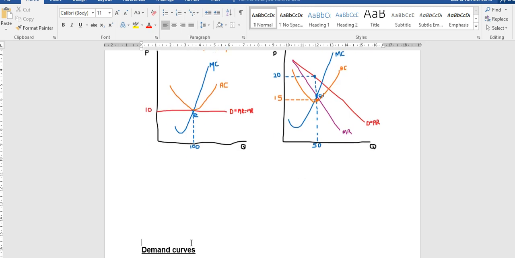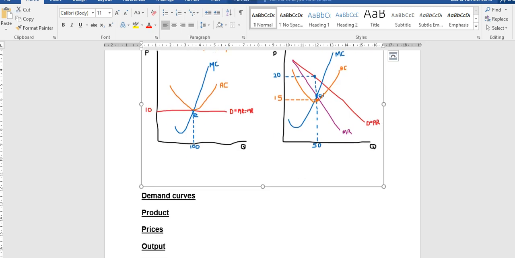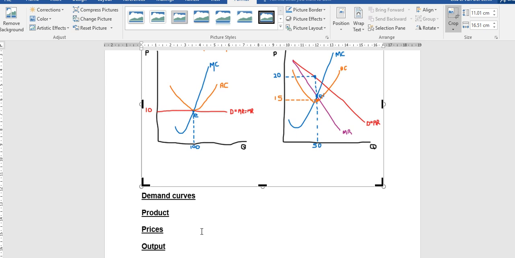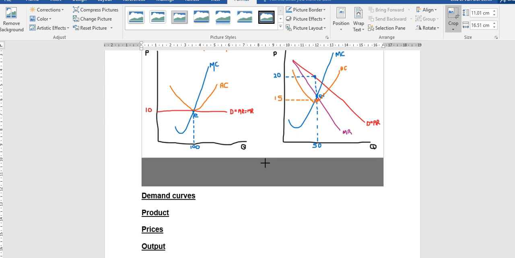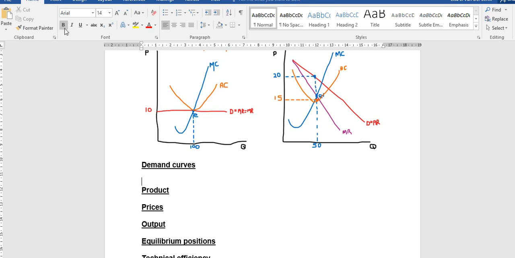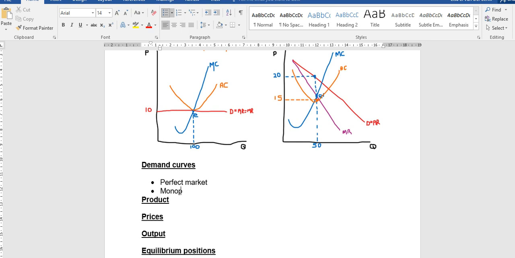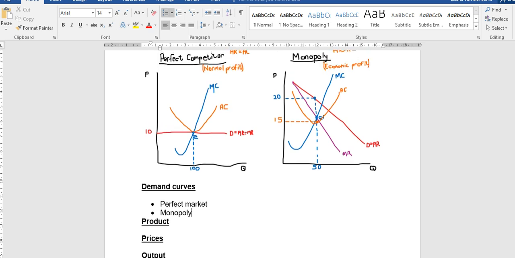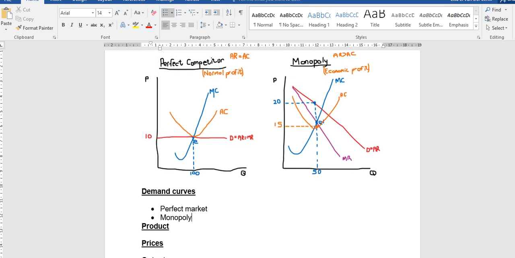We're going to keep them there so that we can keep referring back to them. Just want to make it smaller so it's going to fit a little bit better. Okay, so now when we do the comparison, we're going to look every single time at what is the situation for the perfect market and what is the situation for the monopoly. Because we are doing a comparison now, but based on the graphs that we have drawn. Okay, so we have our graphs there.